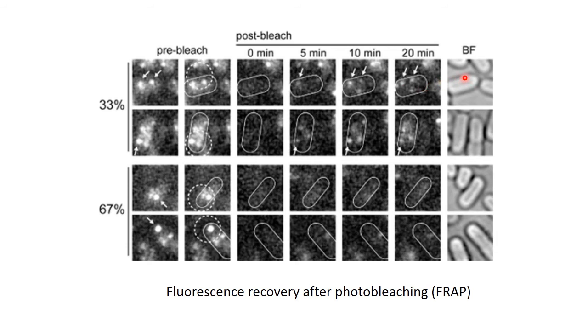And this is a bright field microscopic image of the same cell. However, in this case, you see that these are the fluorescent foci present on the cell, but when photobleaching was done, this protein was not able to recover in the same amount of time as compared to this one. So here there is quick recovery of fluorescence, and in this case there is almost no recovery of fluorescence.